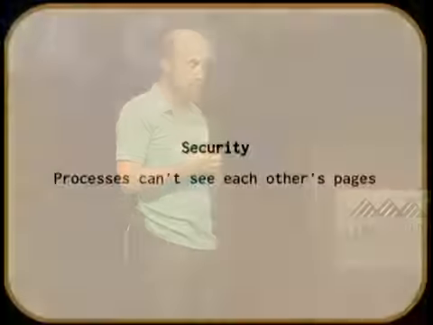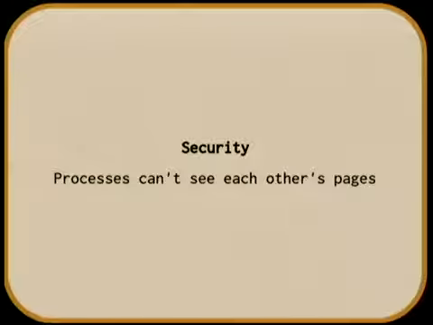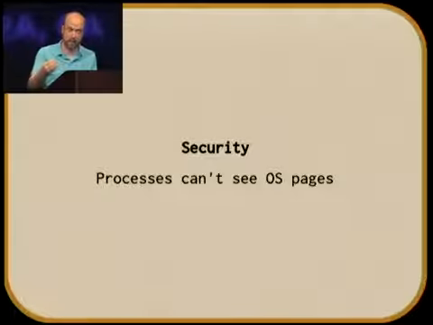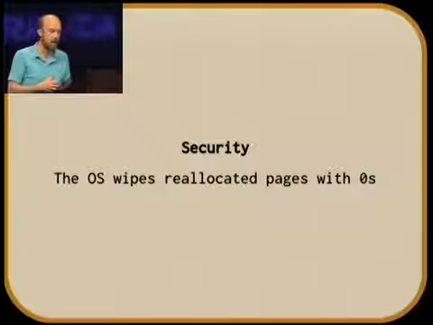Well, first, security. If the OS is careful and only maps into your memory area your own pages, then you won't be able to see secure data in other processes. You won't be able to see any secret operating system memory containing sensitive information if it doesn't map its own pages into your memory area.